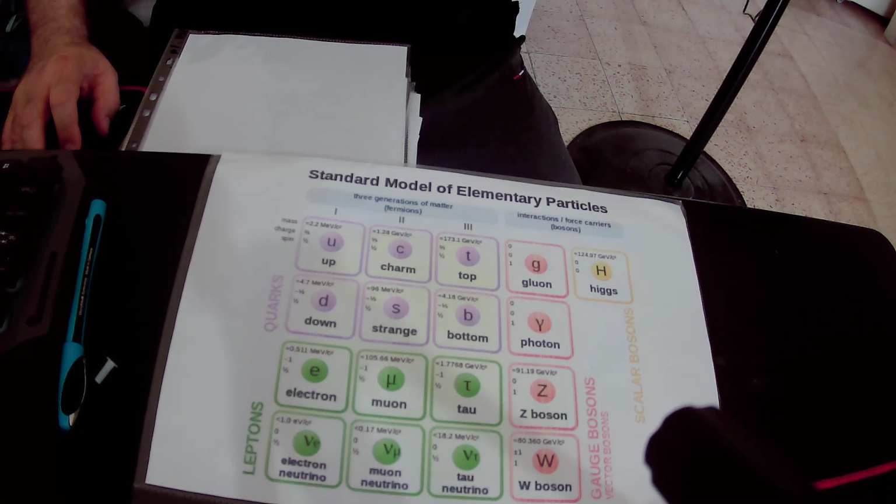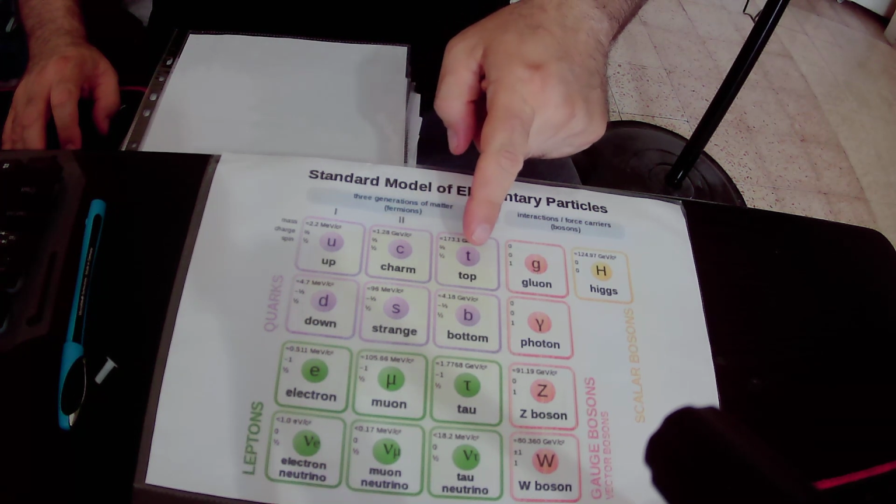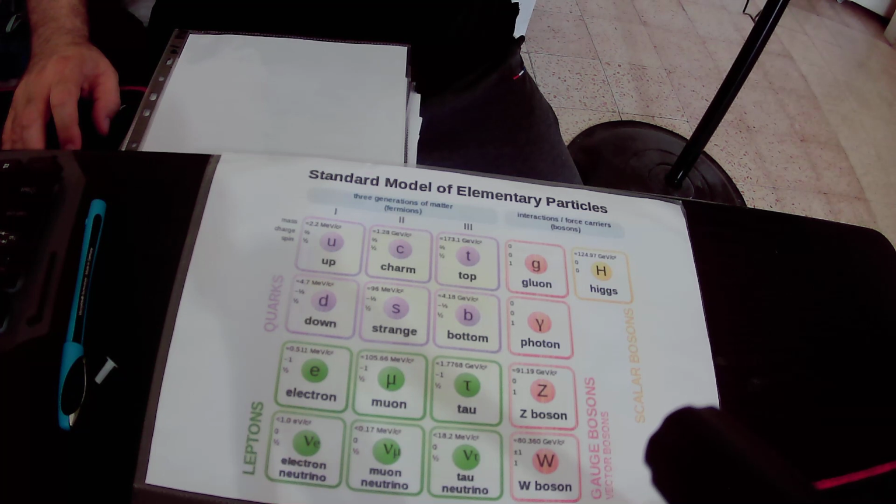And we have 6 types of quarks in the purple color that are elementary particles. These are 6 of the 17 elementary particles that we know exist today. Okay, thank you very much.